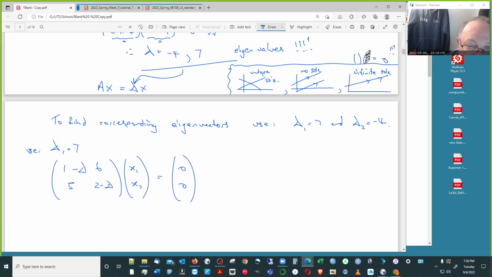Whatever's going on over here, it's the one that's equal to 0, and notice we've got equal to 0. So when we do this, we will always get this class. Whenever we do eigenvectors and eigenvalues, it won't be the other class of system, it'll be this class of system.